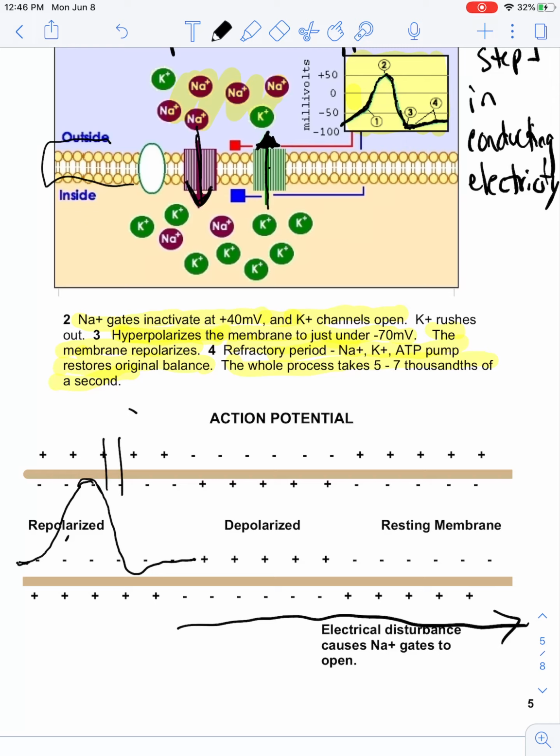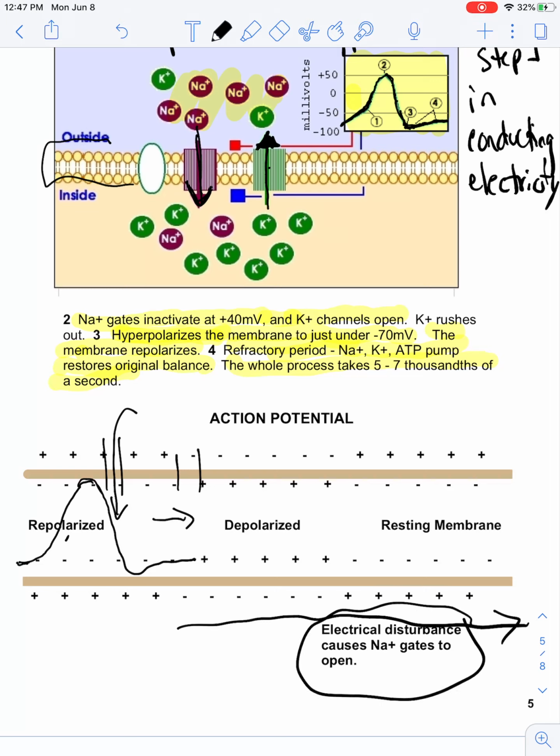Well, if we remember, we opened sodium channels initially and we flooded this with sodium, okay? So we changed the voltage in this section, okay? By changing the voltage in this section, it's going to start opening sodium channels as we move further and further down this neuron.